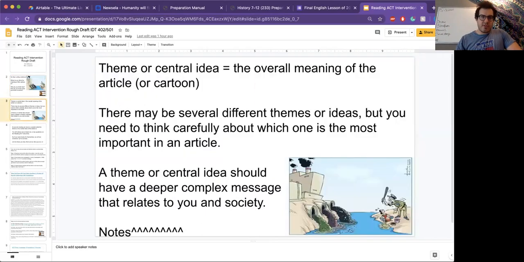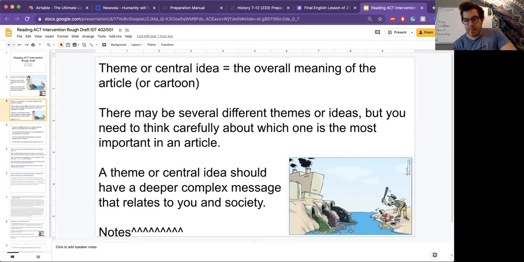Looking at this cartoon, we're trying to get to the overall meaning of this cartoon. Now, there can be several different ideas or themes, but we need to think carefully about which one is the most important in an article, or in this case, in a cartoon. A theme or a central idea should have a deeper, complex message that relates to you and society.